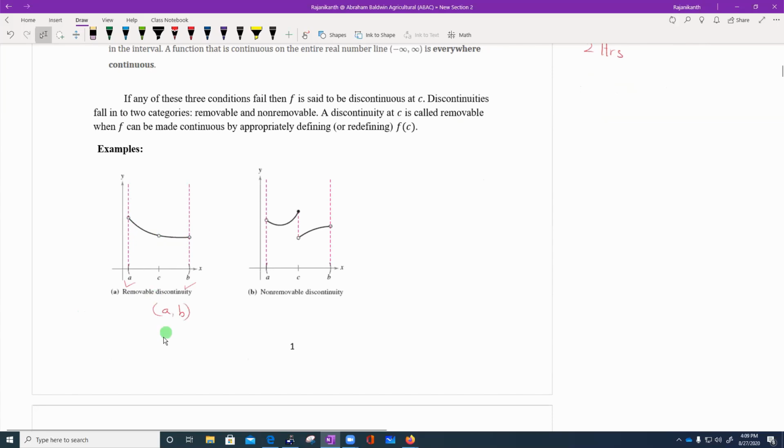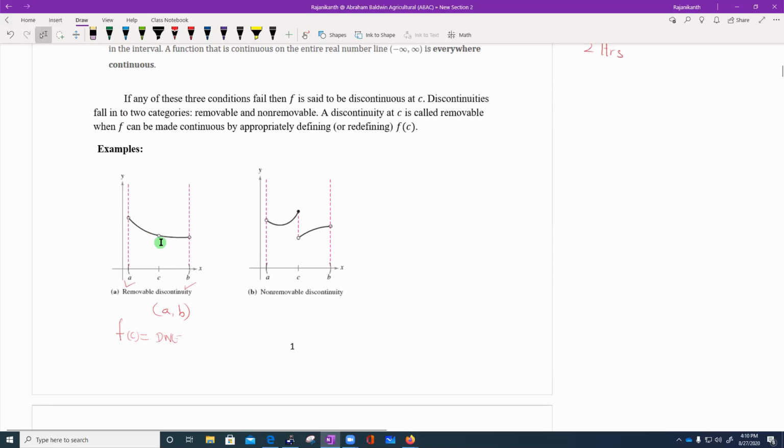If you look at the point C, you see there's a hole on the curve, right? That means the function is not defined at that point. So I could not find the function value at C. It is not there on the curve because of the hole, right? Therefore this does not exist.